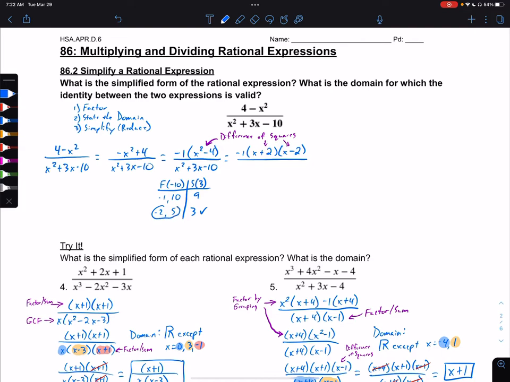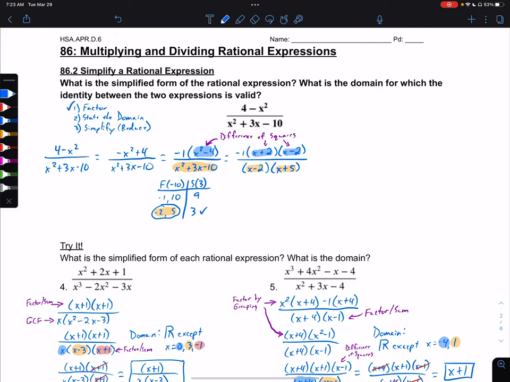So my factor pair is negative 2 and 5. Let's show where we got all of this from. So my denominator is going to become x minus 2, x plus 5. All right, step 1 is complete.